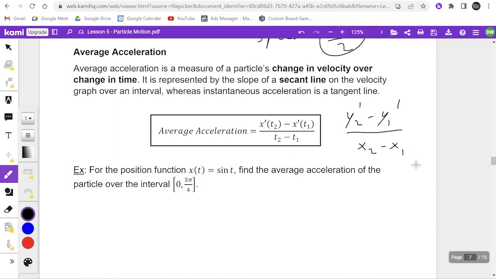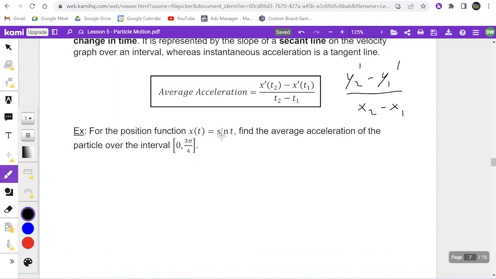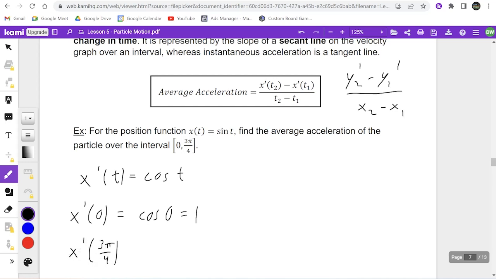It's the first derivative. So with that, we're going to do the same thing with x of t equals sine t from 0 to 3 pi over 4. So what I would first recommend is finding the first derivative. We already did it. It's cosine of t. Then I would say x prime of 0, cosine of 0 is 1. Then we'd find x prime of 3 pi over 4.